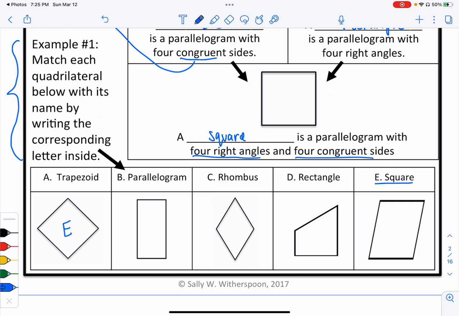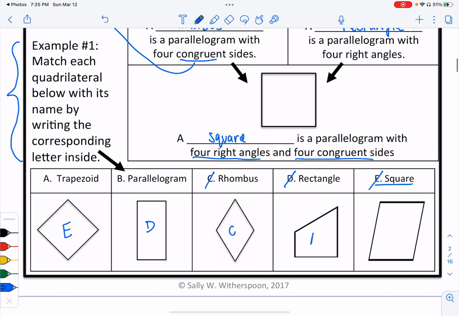Okay, so I'm going to cross E off because I've already done it. I'm going to look at this next one. This next one is a rectangle because it has 4 right angles. The next one is a rhombus because it has 4 congruent sides, 4 sides of the same length.